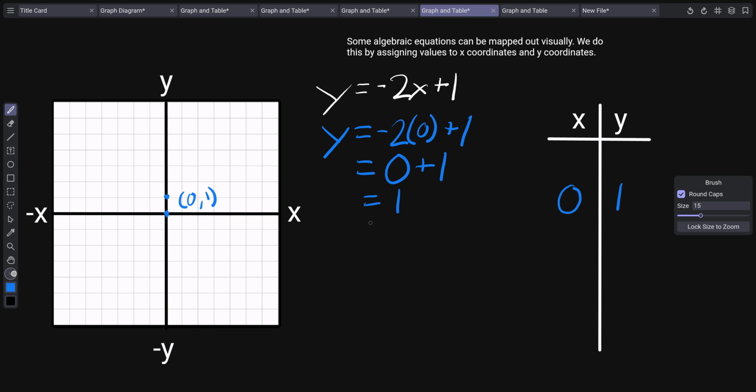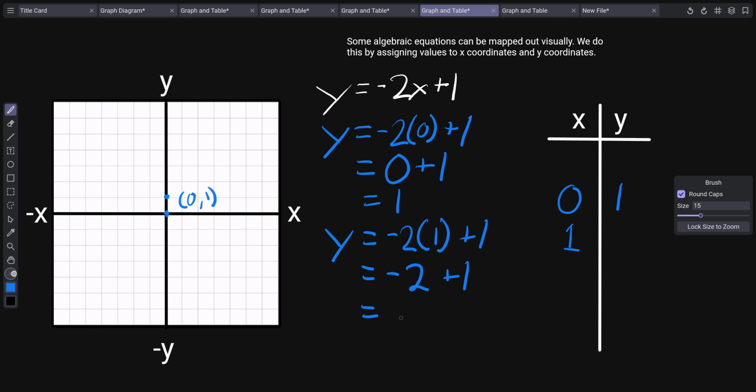And we'll also just do 1. We'll do 1 for x. Y equals, so that would be negative 2 times 1 plus 1. Now, you have a negative number times a positive number. That is going to yield a negative number. So we get negative 2 plus 1.